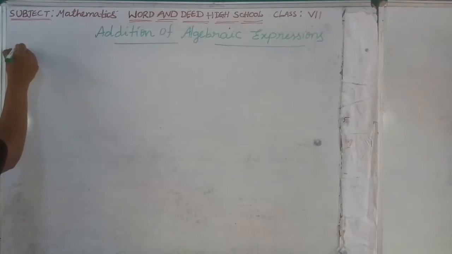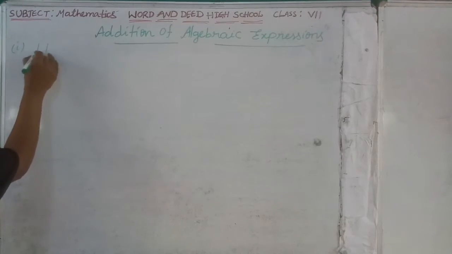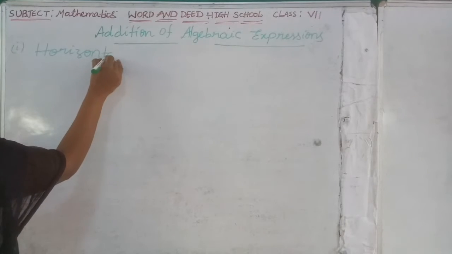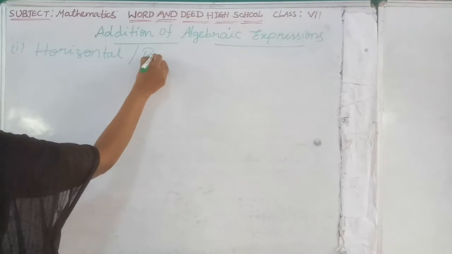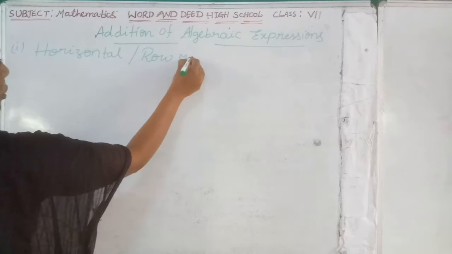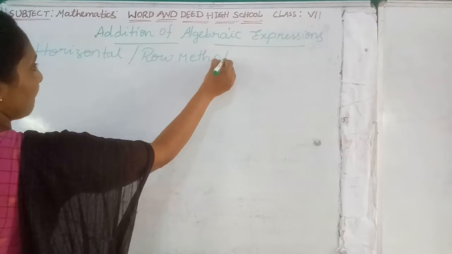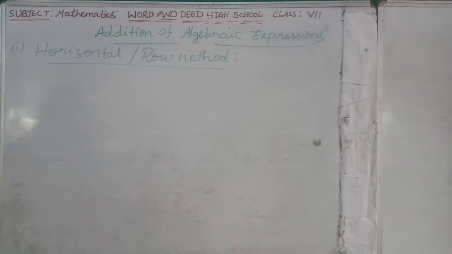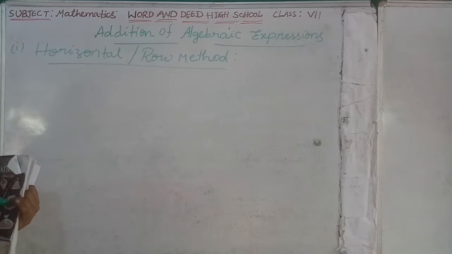The horizontal or row method is very easy, children, because in previous sessions we discussed what like terms are.